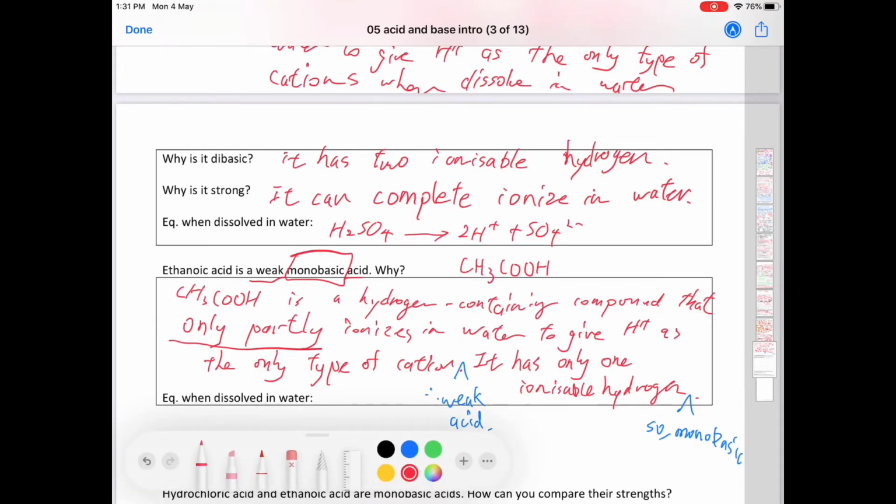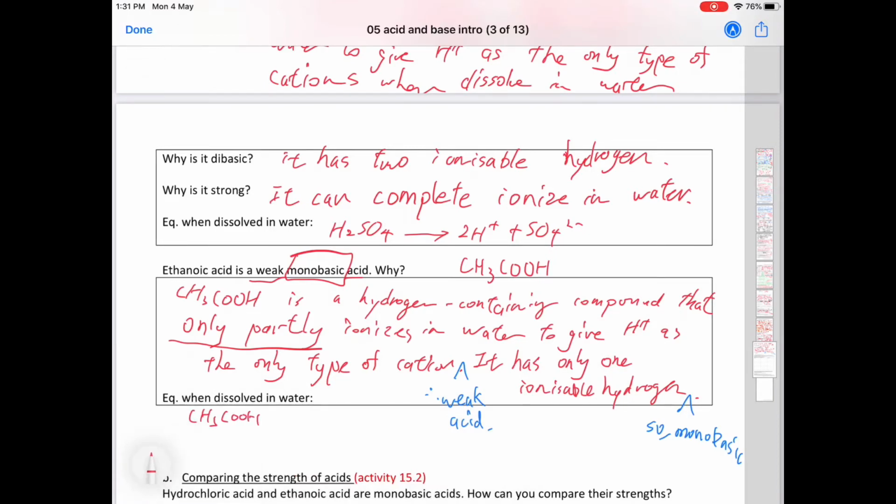Because this time it is a weak acid, we use a reversible sign in between to represent the idea that it only partly ionizes to give CH3COO minus, the corresponding ethanoate ion, and hydrogen ion.